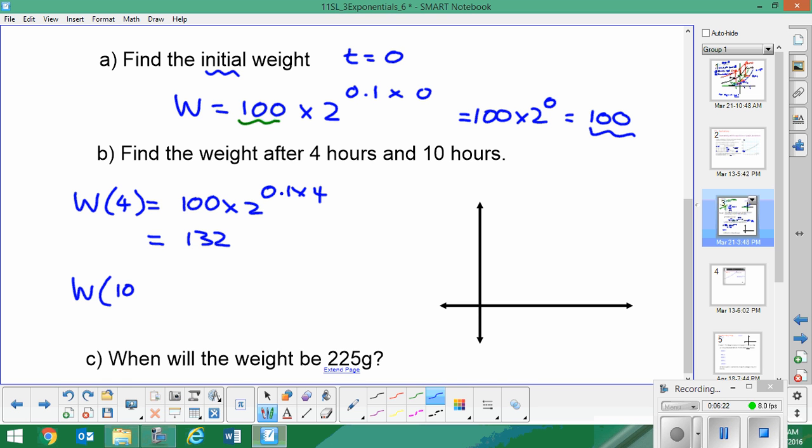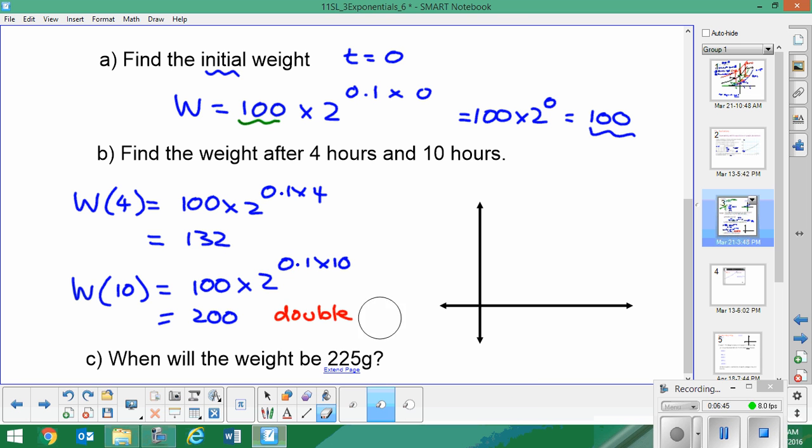Our weight at time 10 is going to be 100 times 2 to the 0.1 times 10. You can see that becomes 2 to the power of 1, which is 200. So this is actually the time to double the weight. In 10 hours, the weight of bacteria has doubled.